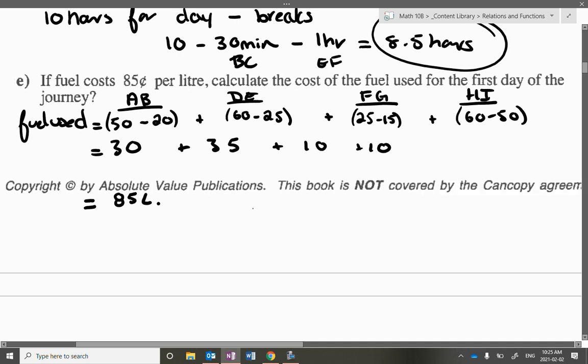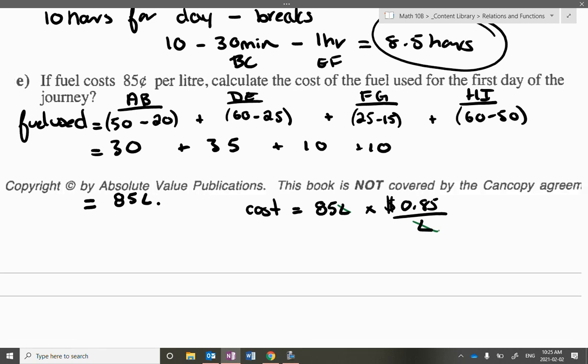So we want to find our total cost. We're going to take our 85 liters they used and multiply that by 85 cents per liter. I'm going to convert it to dollars because we're going to have a dollar amount in the end. Have you guys done unit analysis yet in science? We have liters on top and liters on the bottom, like converting from micrometers to nanometers.